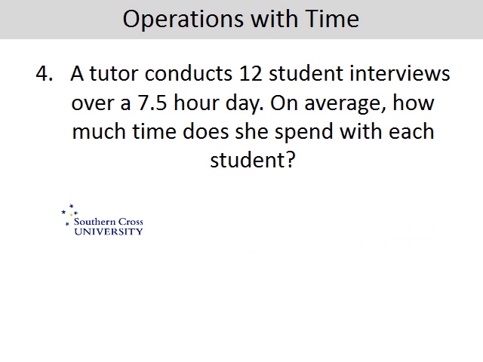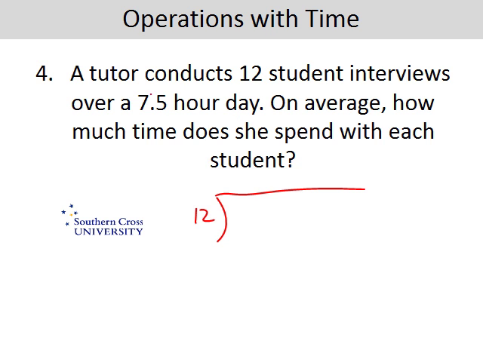And the last in this video, a tutor conducts 12 student interviews over a 7.5-hour day. On average, how much time does she spend with each student? Alright, well, the best way to do this is it's obviously going to be 7.5 hours divided by 12, but that's going to be a little bit difficult, and so let's convert our 7.5 hours into minutes.